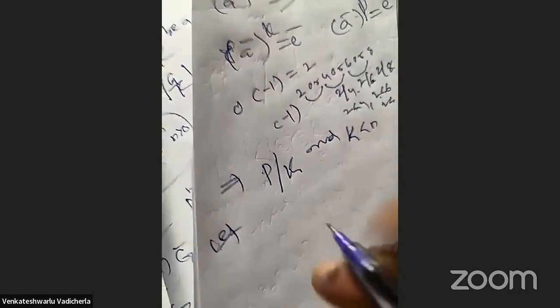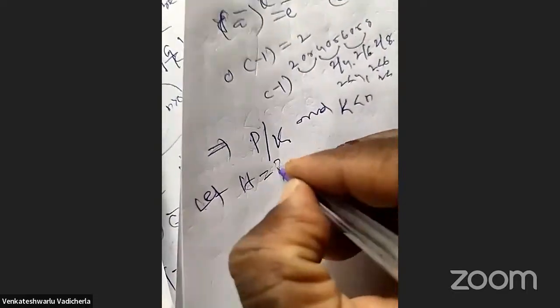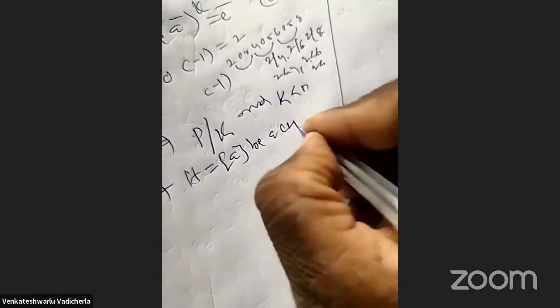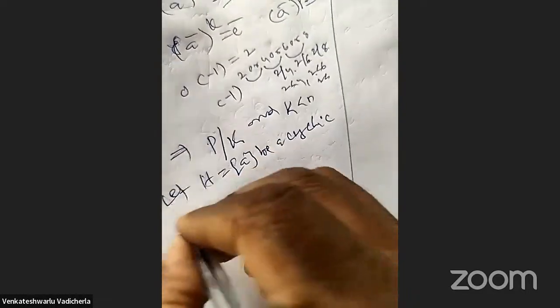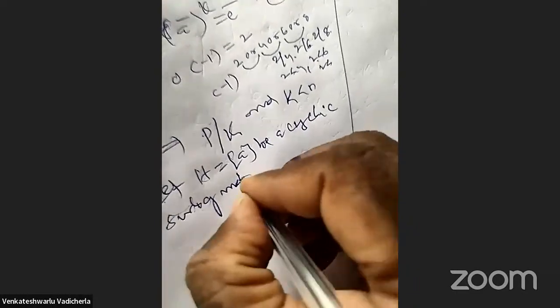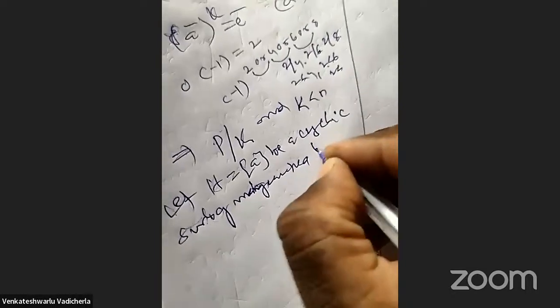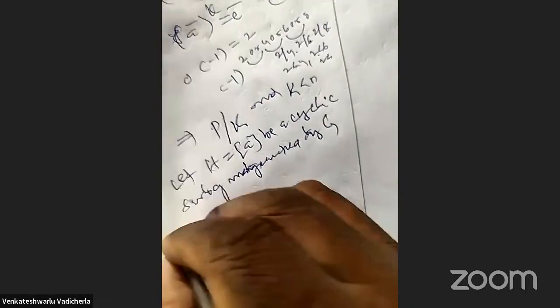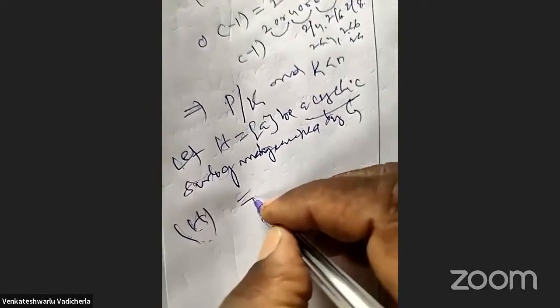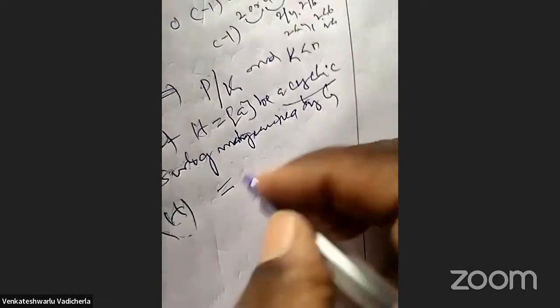So P divides K. Let H be the cyclic subgroup generated by A, a subgroup. A group in which the order of an element equals the group order is called a cyclic group.